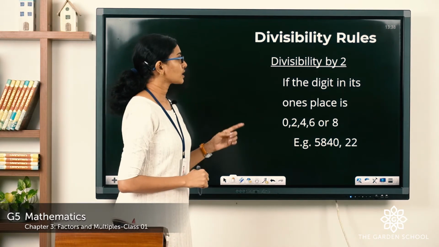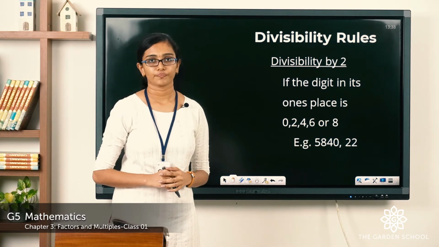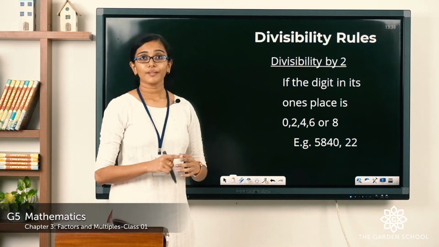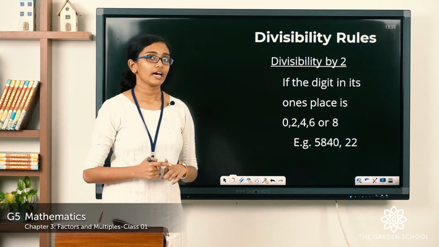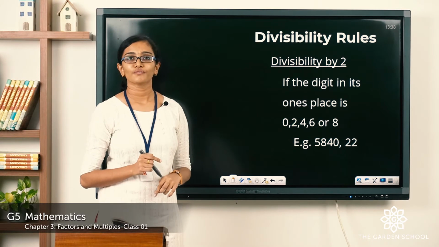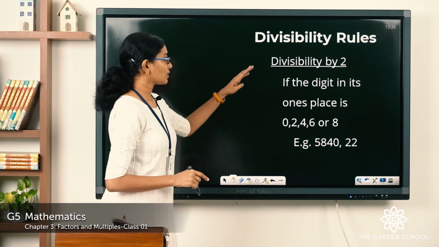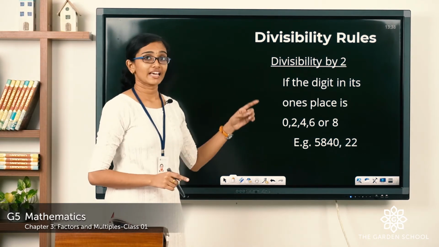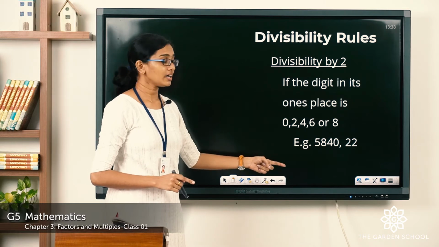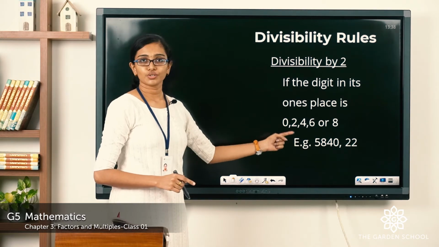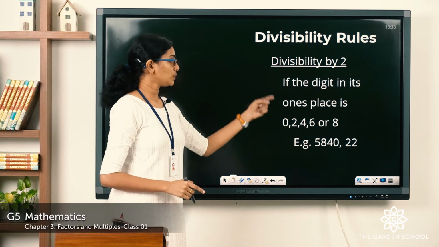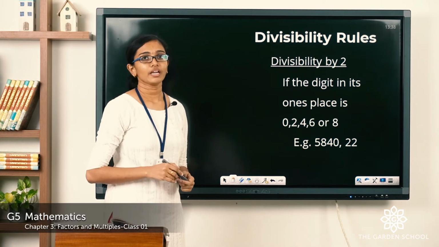So how do we check if a number is divisible by 2? We know all the multiples of 2 end in either 0, 2, 4, 6 or 8. So if the digit in the ones place or the ending digit of any given number is either 0, 2, 4, 6 or 8, we can say it will be divisible by 2.